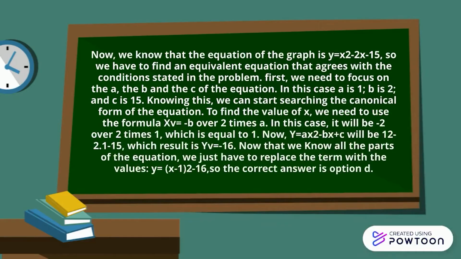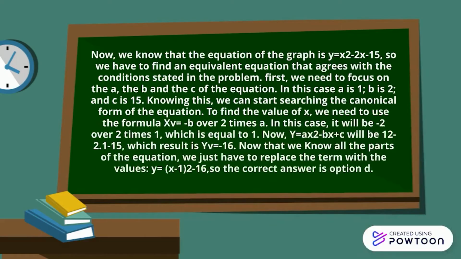To find the value of x, we need to use the formula xb equals negative b over 2 times a. It will be 2 over 2 times 1, which is equal to 1.